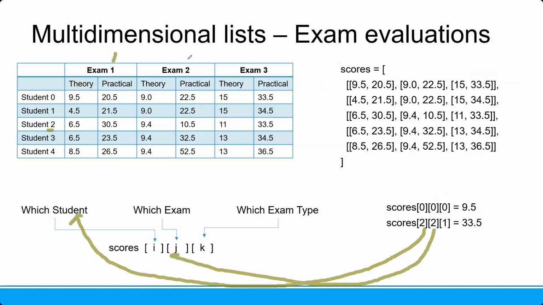Student index 2 is this one, because this is index 0, this is index 1, this is index 2. And then 1 is the exam type. This is index 0, this is index 1. Then the result will be this one, 33 point.